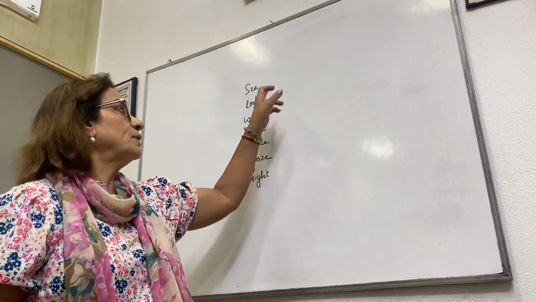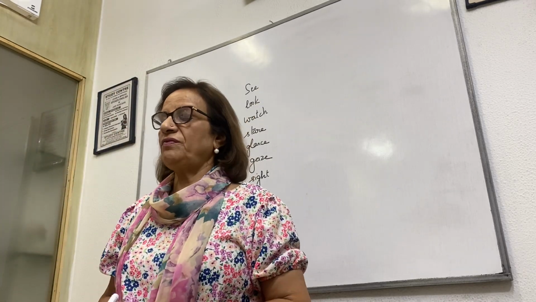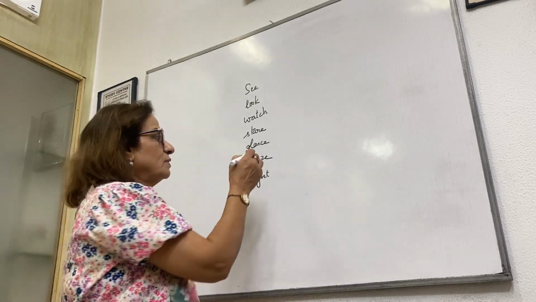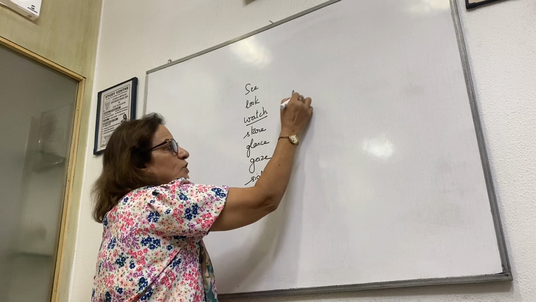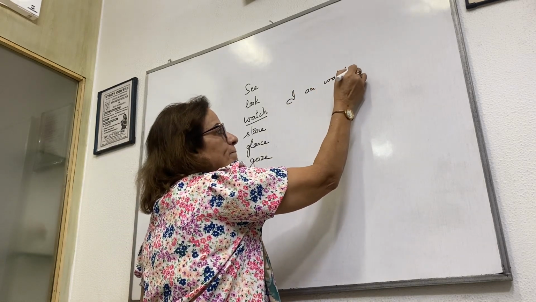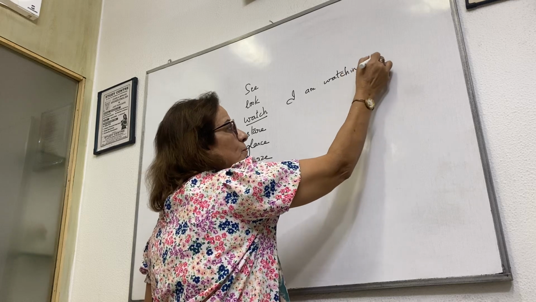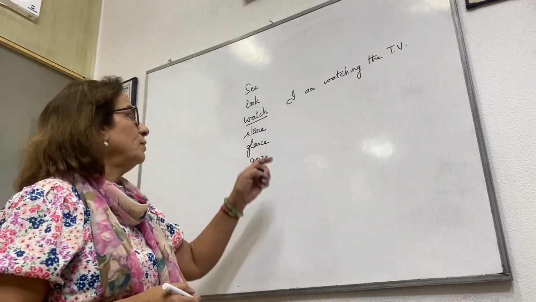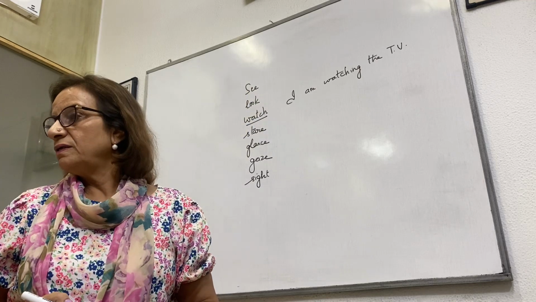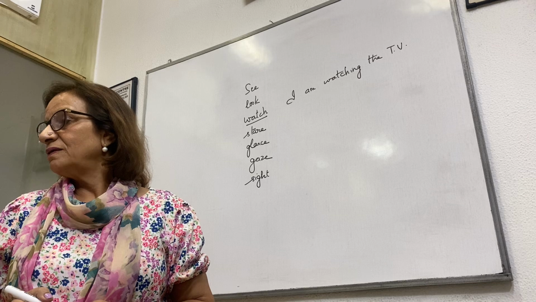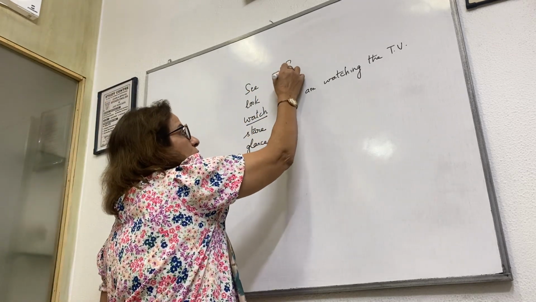For example, can I say I am seeing the TV? What will I say? How will I use? I will say I am watching the TV. Then, where will you use the word see? See this picture.